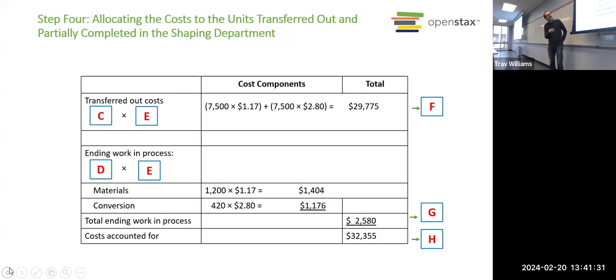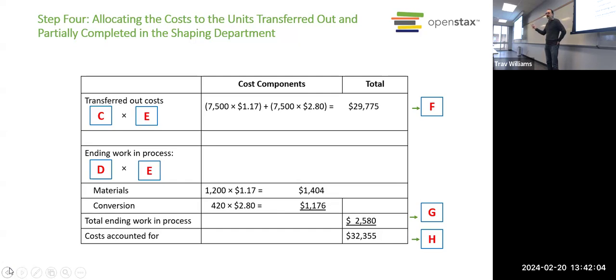Let me ask you something. If we go back to calculating the cost of what got completed and transferred out, right? As I said, we took the 7,500 units times the material cost per unit plus 7,500 units times the conversion cost per unit. Would there have been a simpler way to do that? Yeah. What could we have done? You could just divide it by... Exactly. We could have just multiplied, since it's 7,500 in both cases, and it always will be when we're talking about what got transferred out.